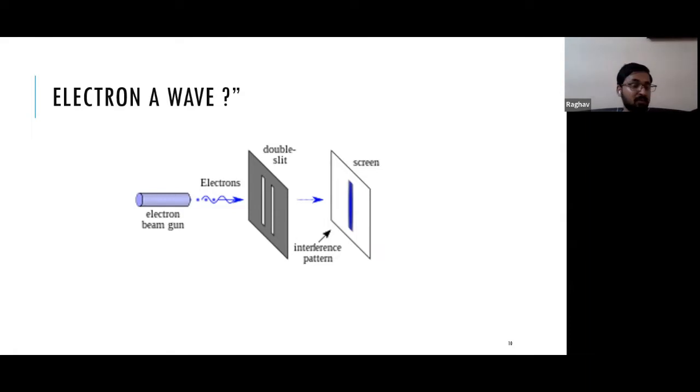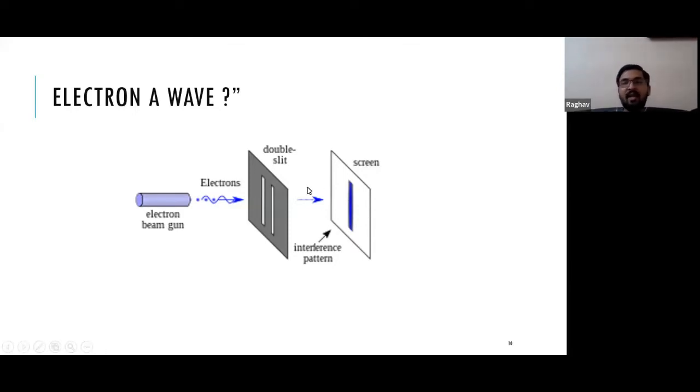But Einstein was not happy with that. Einstein changed the apparatus and said that before the screen we should apply a device that can measure the presence of electrons. After using that, the pattern was like this, as you can see here.